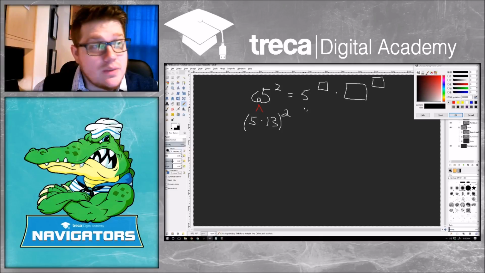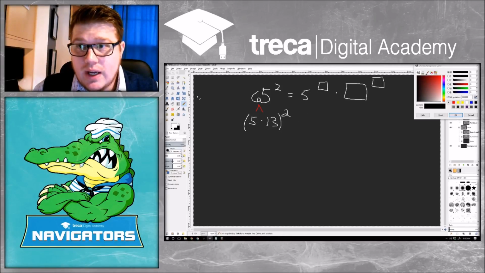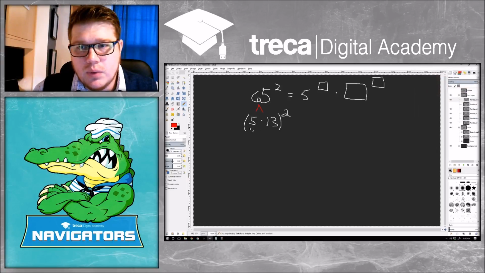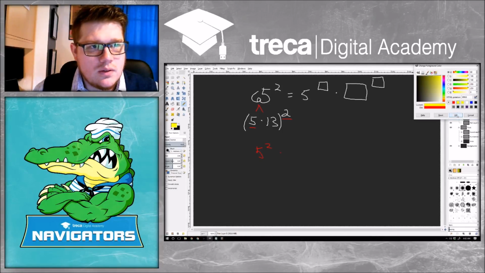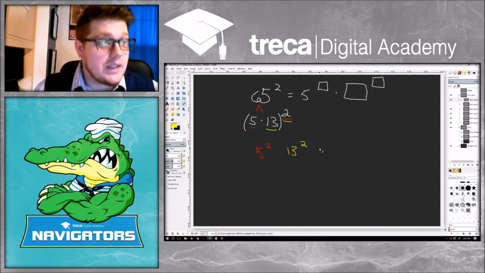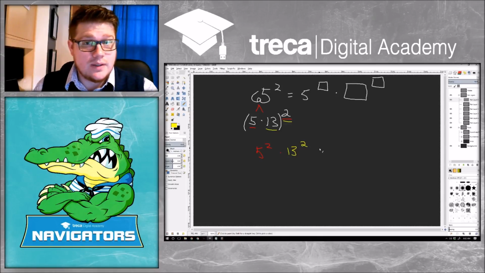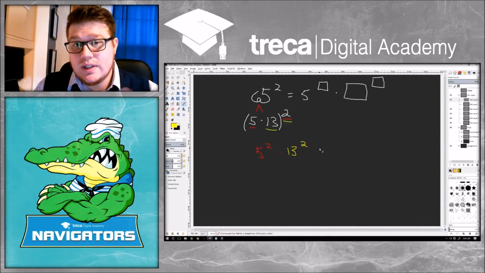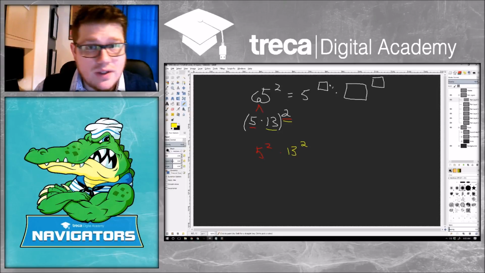And from our previous lesson, we also knew that when you have this right here, we can break this down into two parts. We can say 5 squared times 13 squared, because this is what we did in our last lesson, okay? So 5 squared times 13 squared is the same as 65 squared.